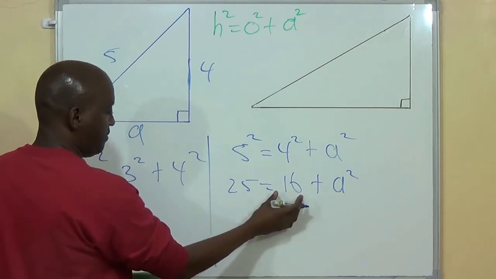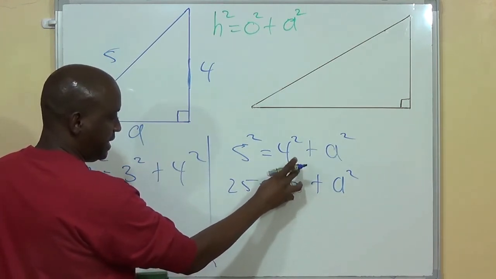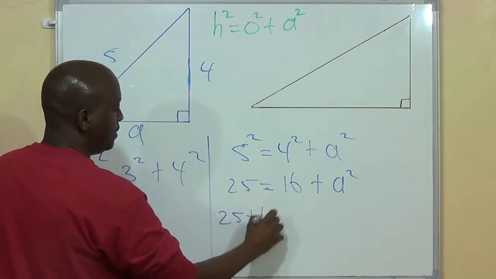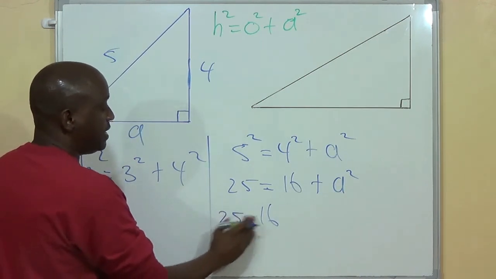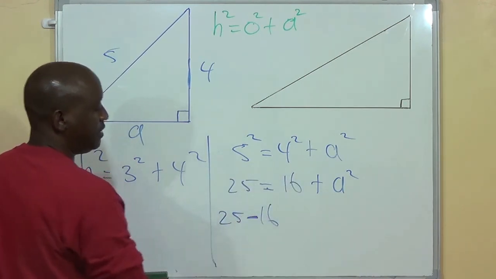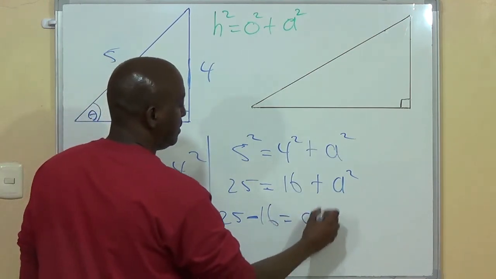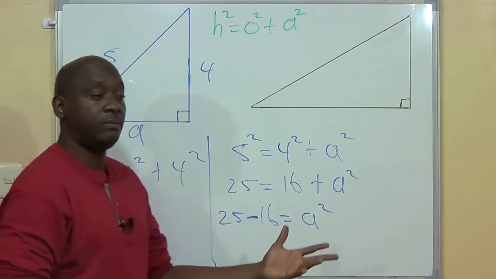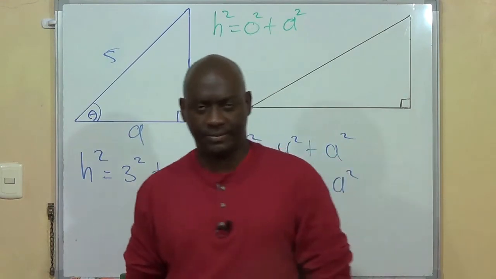When you take the plus 16, remember the plus is understood, and carry it across here, what you don't want to do is just add it. Remember that when you take plus 16 across, it now becomes minus 16. 25 minus 16 is equal to a squared. So 9 is equal to a squared. A is equal to the square root of 9, which is equal to 3.